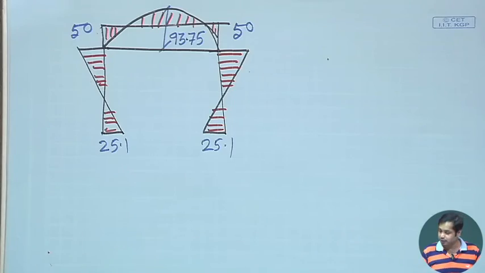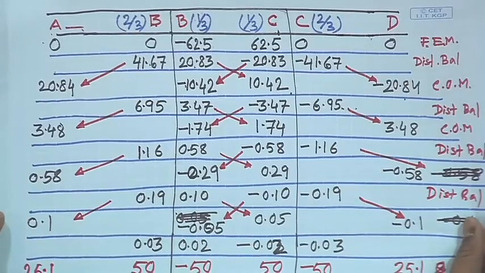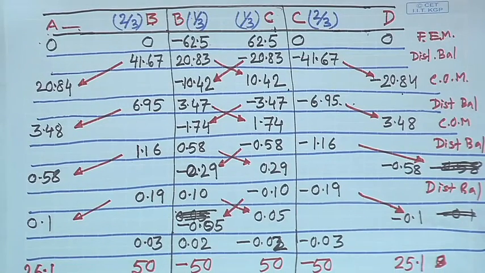These are the steps that you can use for analysis of a frame using the moment distribution method. Again, the idea has been to demonstrate the method, and that is the reason why we chose a problem where a few iterations take you to the solution.